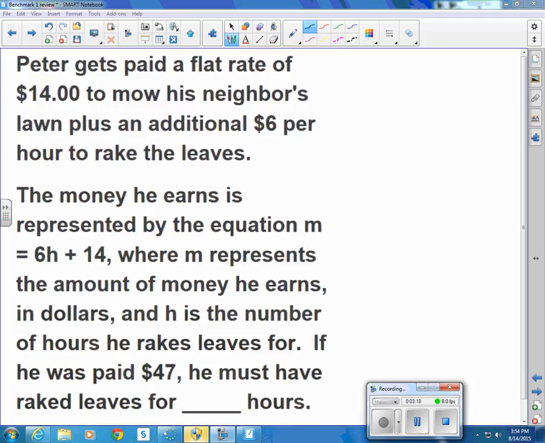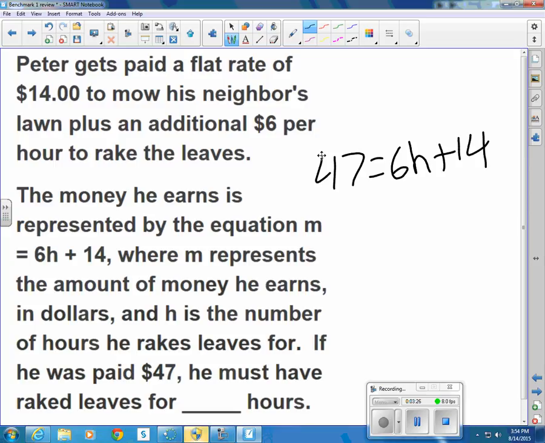So we know that the money he earned was 47, and that was equal to 6 times the number of hours raked plus the 14 for mowing. So if we take away the $14 for mowing, that gives us $33 is equal to 6 times the number of hours. So to find out how many hours he worked, we just divide by the $6 per hour.